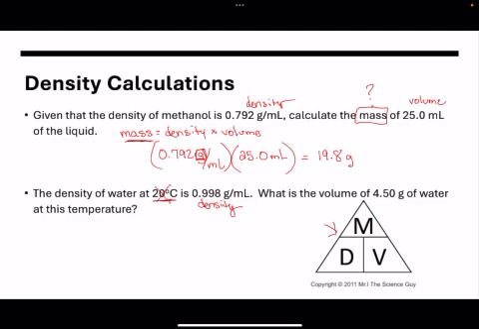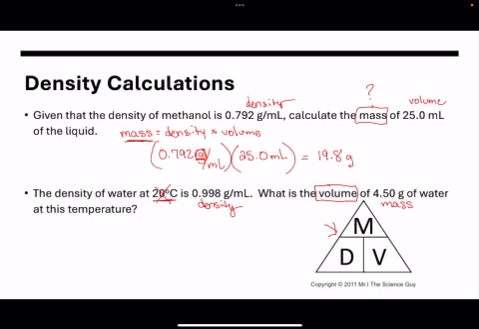So that means that this is currently extraneous information for you, so you don't need that to set up this problem. We're looking for the volume here, and then they gave us the mass of the water. So we want to know that if the density of water is this at 20 degrees, if we have 4.50 grams, what will our volume be?